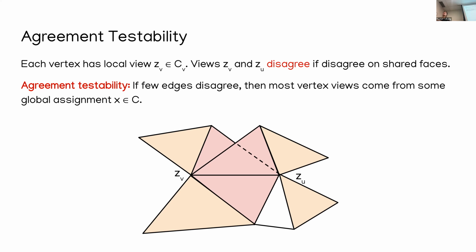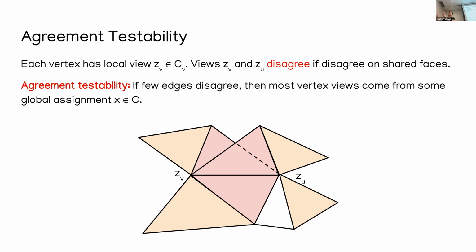Before, all the faces had bits. Now we're moving to a different game: every vertex has a local view, which is in the vertex code, and you want to see if this test, where you take two vertices and compare them, is robust or not. And it turns out if this test is robust, then the original one will also be.